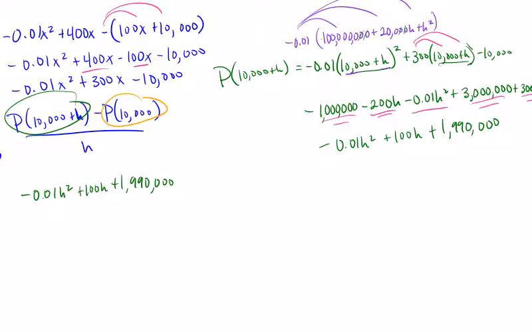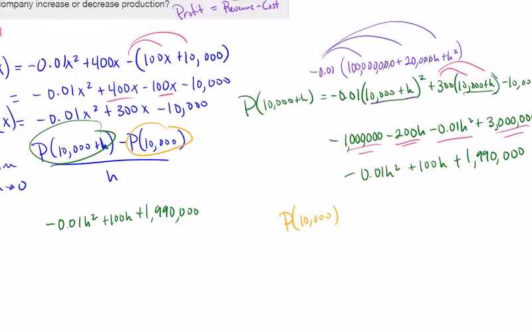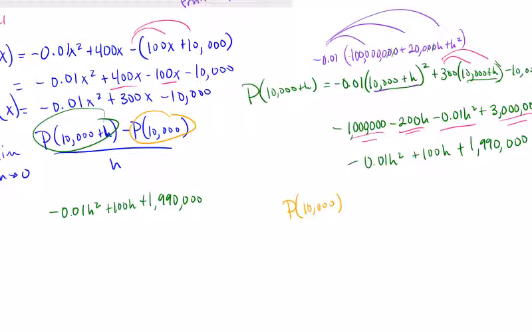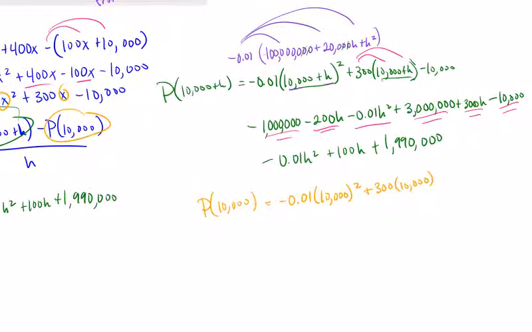Okay, so now what I want to do is find P of 10,000. All right, so I'm going to put a 10,000 every place these X's are, right? So it'll be negative 0.01 times 10,000 squared plus 300 times 10,000 minus 10,000.